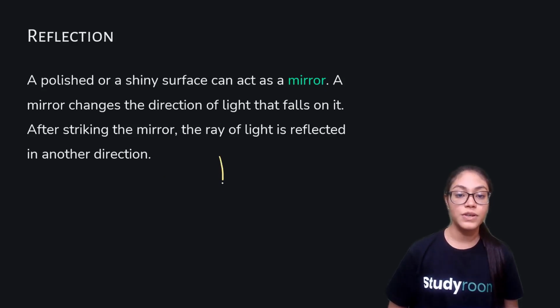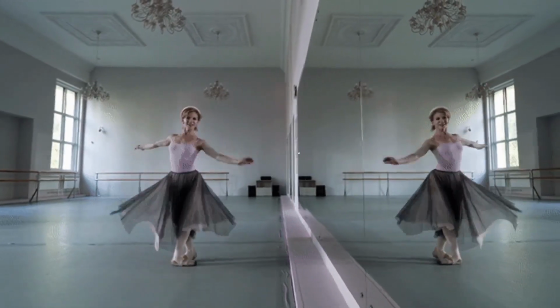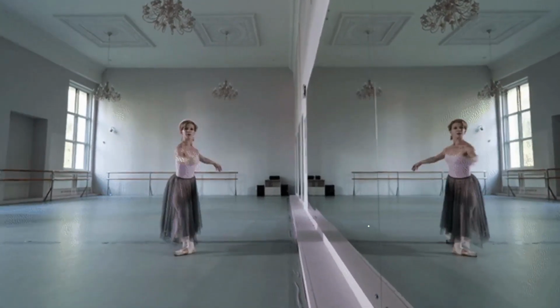So, suppose this is the mirror, if a light ray falls on the mirror, it is reflected back by the mirror, right? You can see the dancer and its reflection falling on the mirror.